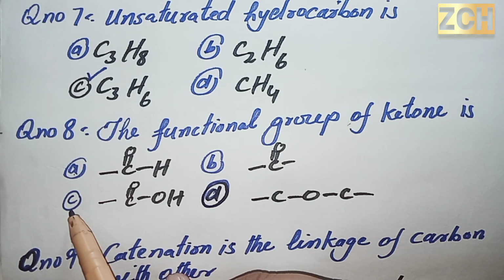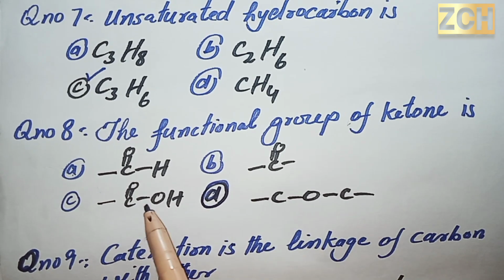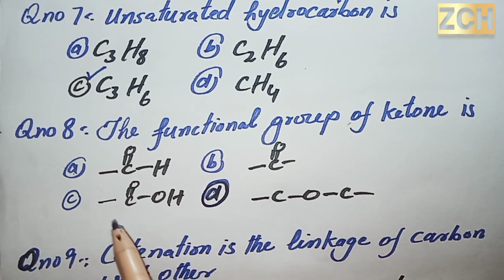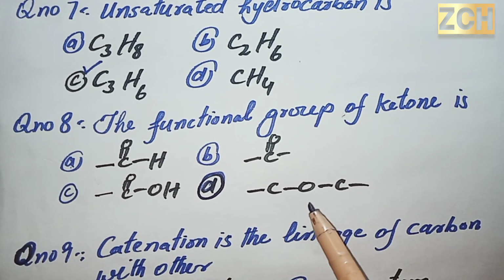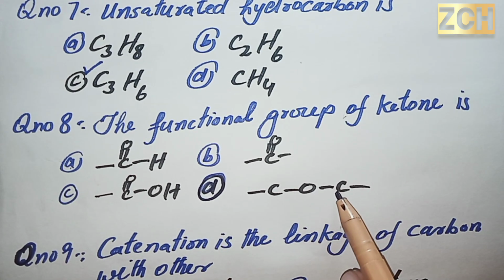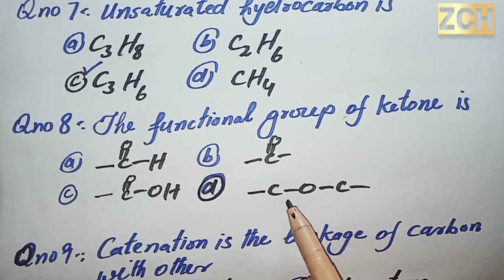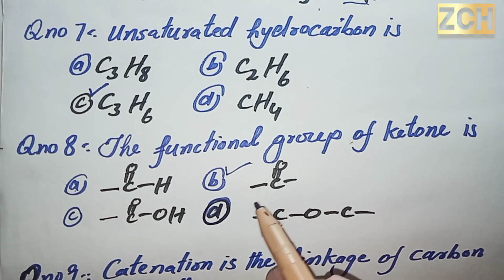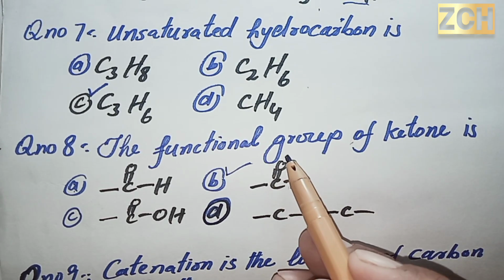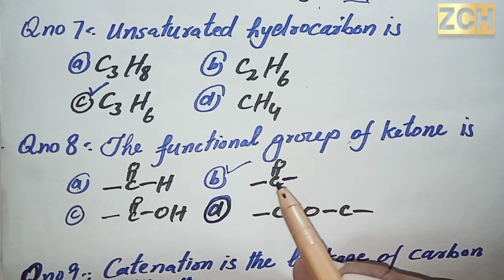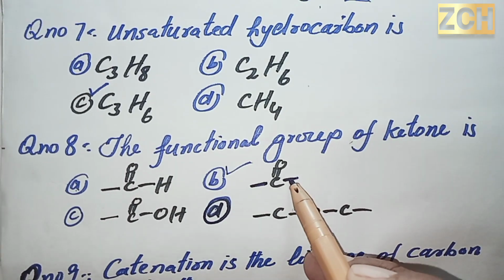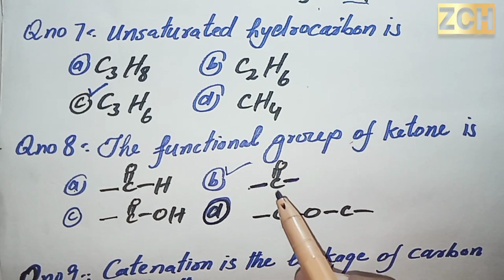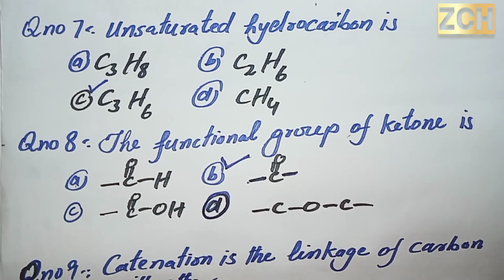And in option C, the carboxyl group is attached to another alkyl group. And in option D, an oxygen atom is bonded to two carbon atoms directly. So option B is correct, because here the carbonyl carbon is free on both sides for the attachment of alkyl groups on both sides. So option B is correct.